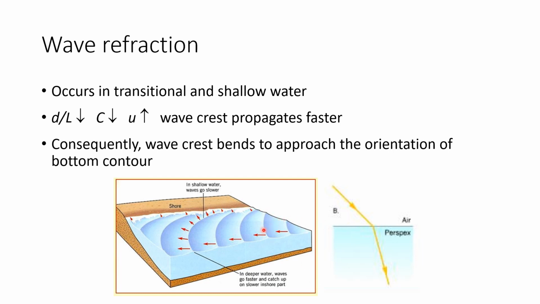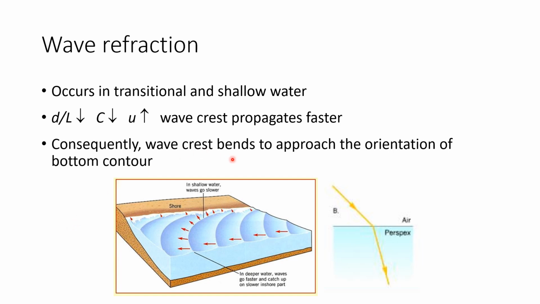Normal meaning 90 degrees. So a wave that comes in this direction, for example, is refracted so that the refracted part becomes normal to the shoreline, and eventually the wave all arrives at the shore, normal to the shoreline.